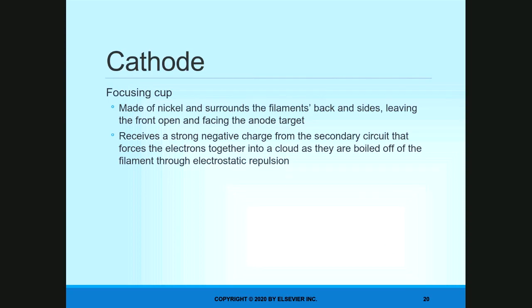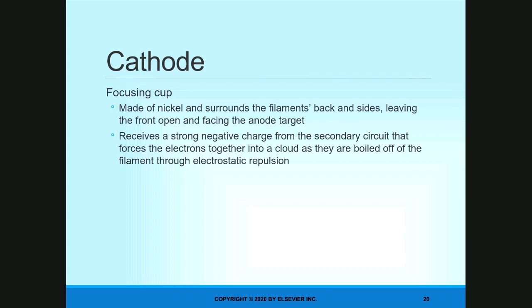The focusing cup has a negative charge, and basically that negative charge on the focusing cup helps to keep those electrons together until they're ready to be sent across. Now, typically we think of like charges repel, but the focusing cup actually works on electrostatic repulsion.